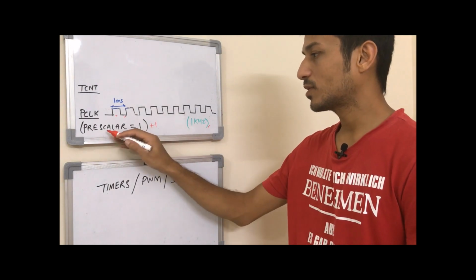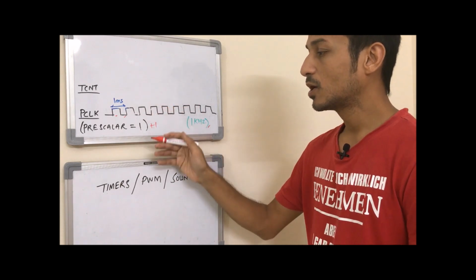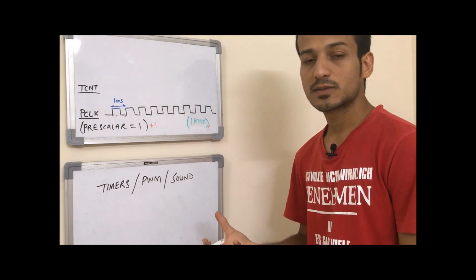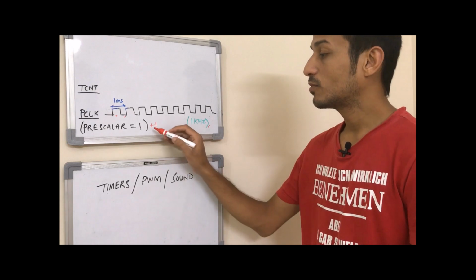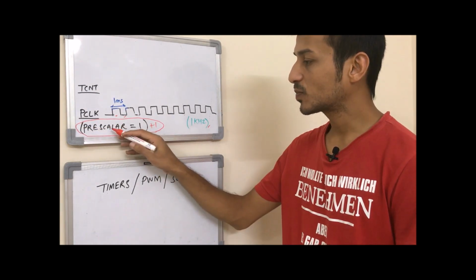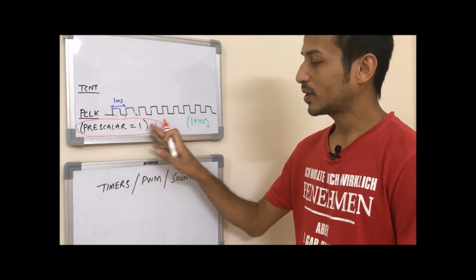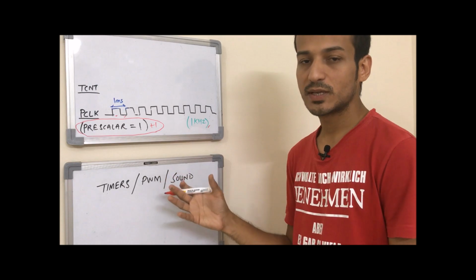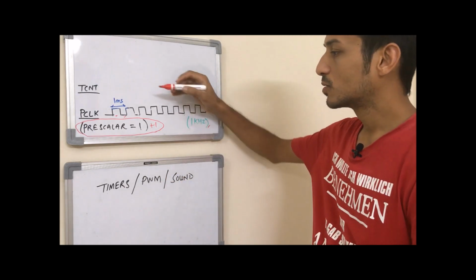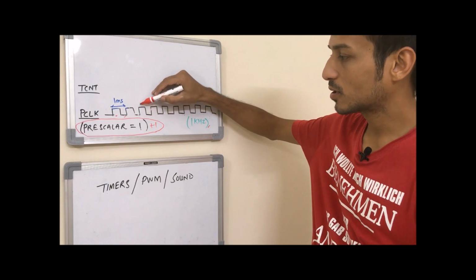The timer will always wait for the PCLK pulses to increment by 1, but how many pulses the timer needs to wait for will be told by the prescaler value. In this case the prescaler is 1, and the timer will always wait for prescaler plus 1, that means 2 PCLK pulses, to increment by 1. So the 2 pulses means one high, one low, and another high and low.